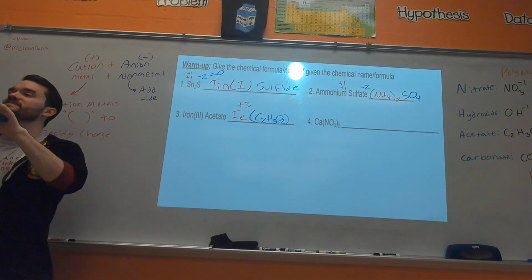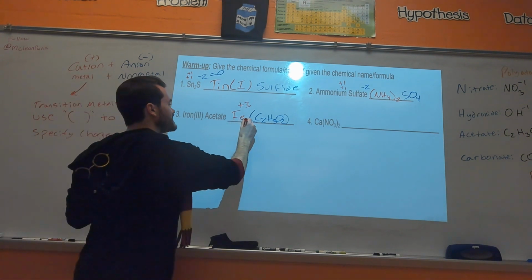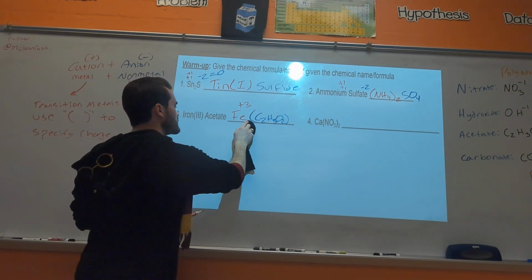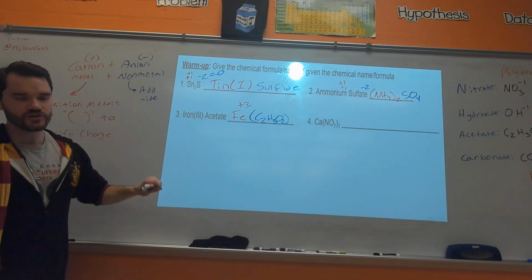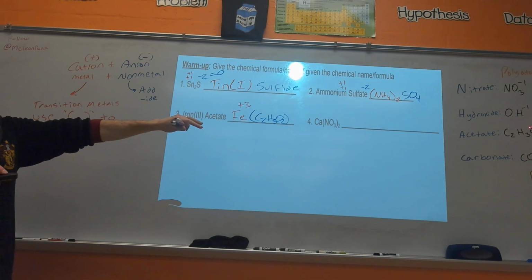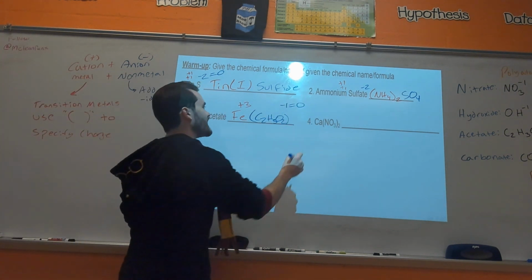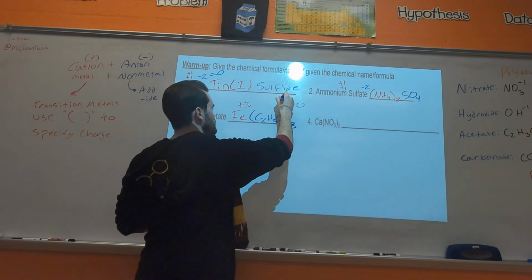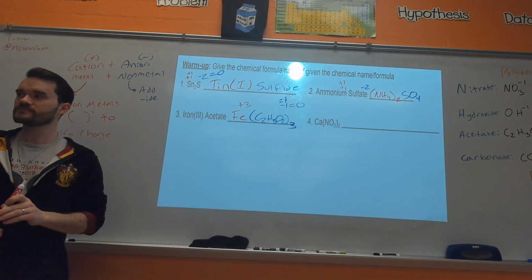This is a very common mistake I'll see, people, again, they see that Roman numeral 3 and they think, oh, that means we have 3 irons. That's not what that's saying. That Roman numeral 3 is saying that each iron has a +3 charge. You should memorize that each acetate is a -1 charge. Charge has got to go to 0. So that's why I'm going to need 3 acetate. I need 3 minus 1s to cancel out the plus 3 of the iron.